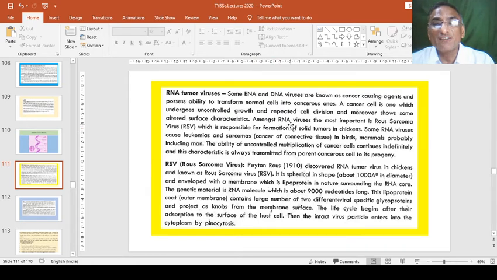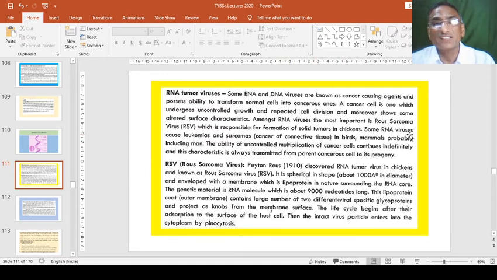Amongst RNA viruses, the most important is Rous sarcoma virus or RSV, which is responsible for formation of solid tumors in chickens.